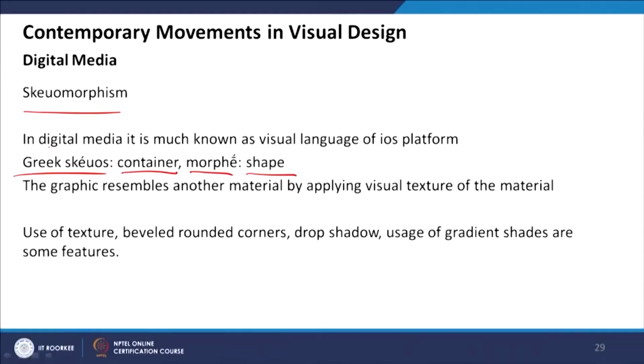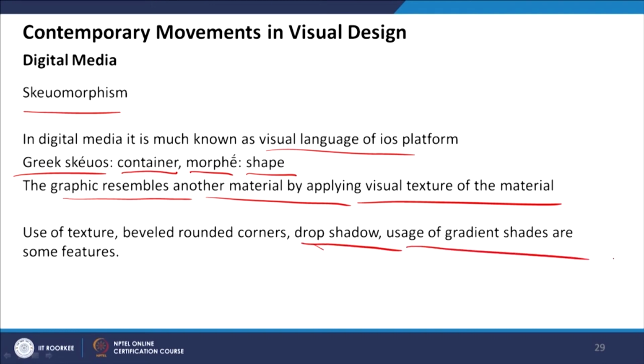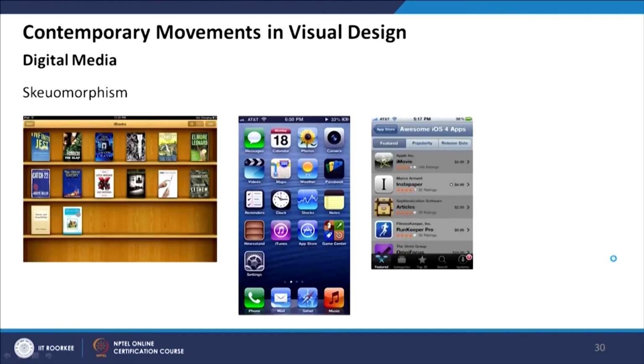In digital media, this is much known as the visual language of the iOS platform. The graphic resembles another material, which is applied as a visual texture. So the use of texture, beveled round corners, drop shadows, and gradient shades are some of the main features of skeuomorphism.